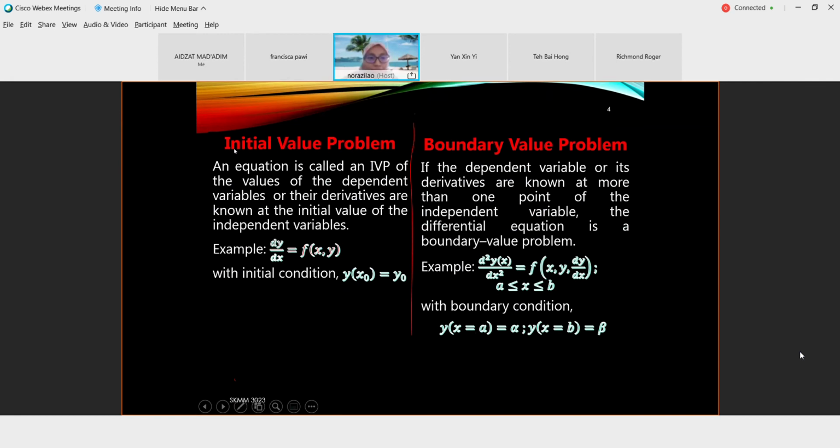Any question related to initial value problems? After this, turn on your module and do all the examples in the module. If you don't have the module, turn on any e-version textbook. Do all the examples for initial value problems. The process is only a repetition process.